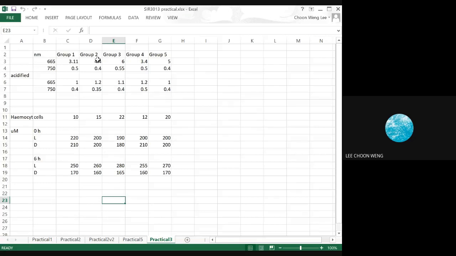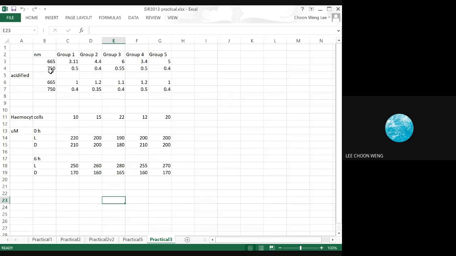So here you see two measurements, one at 665 nanometer, one at 750 nanometer. Although I said this is monochromatic, why are there two measurements here? Because only 665 nanometer measures the chlorophyll color.